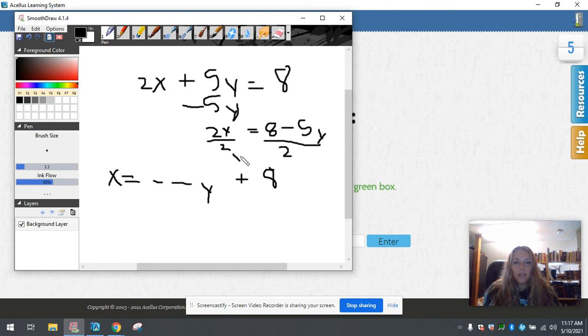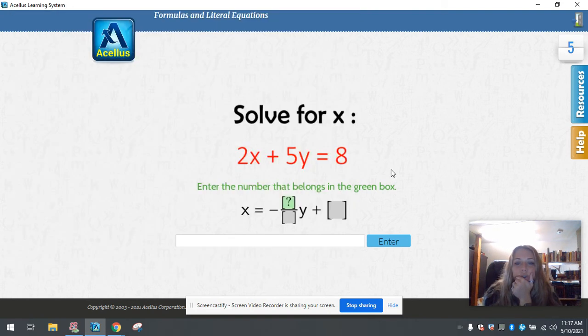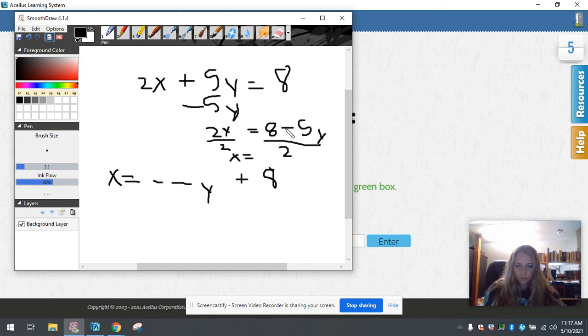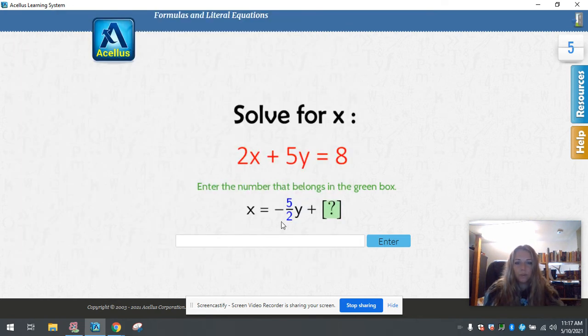So then I get x equals 8 divided by 2 minus 5y. So I'm going to get negative 5 over 2 y plus 4. 8 divided by 2 is 4.